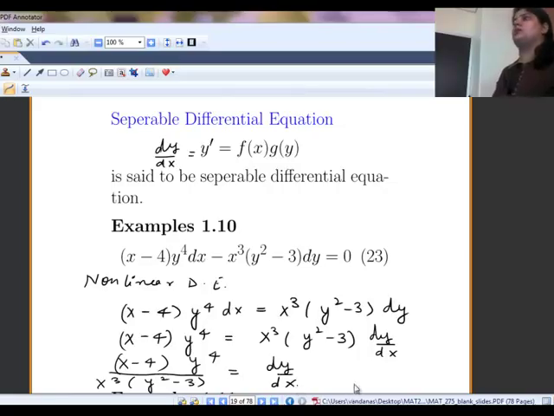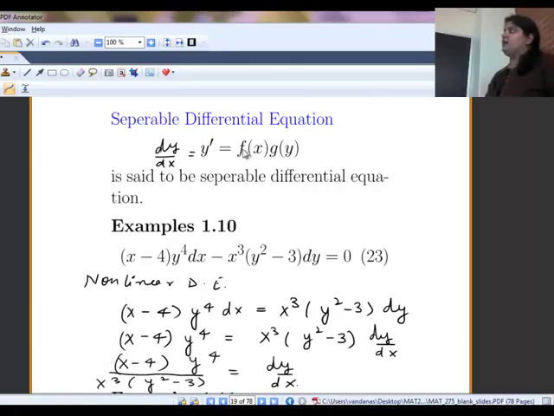So is this okay? Now we isolated y prime from the whole of this equation, so y prime is isolated with the expression here on the left hand side.